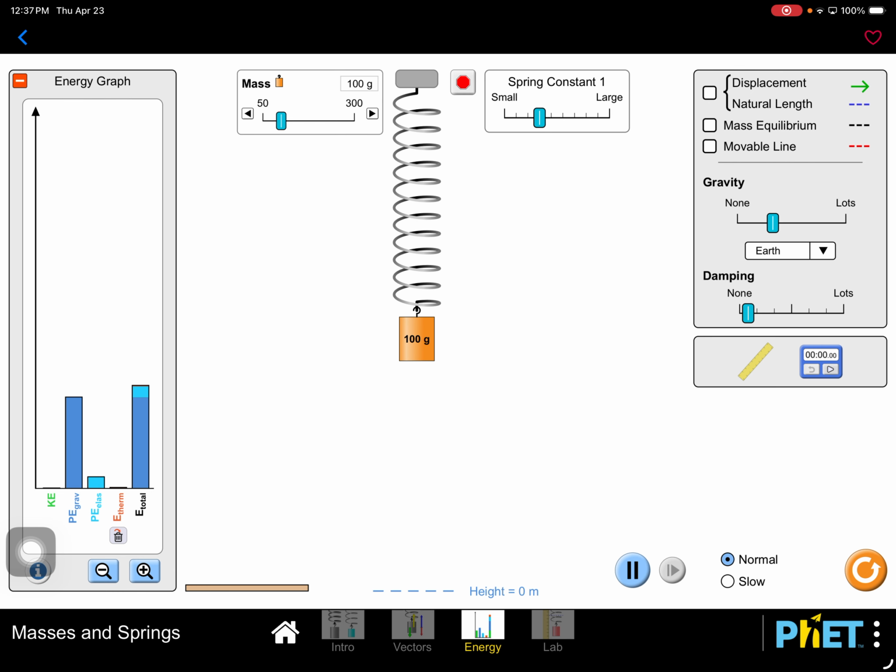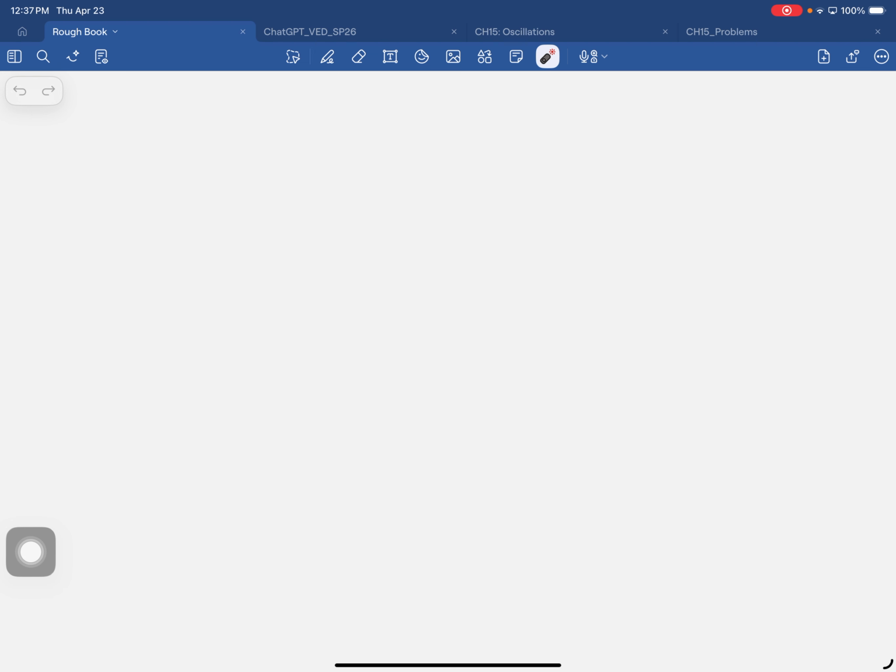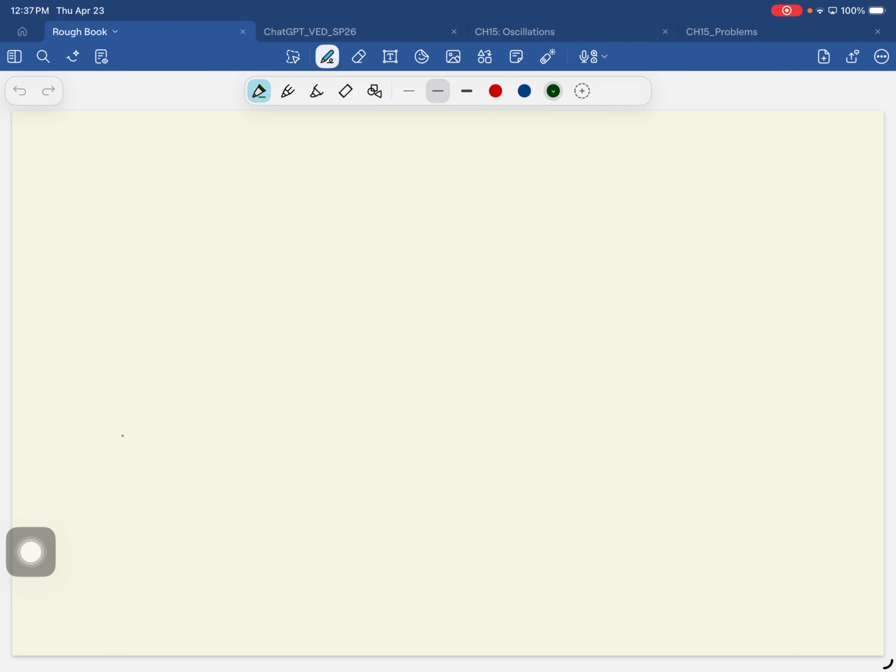So for a system to oscillate, what is it that you need? You need a restoring force. So for instance, let me give you a counter example. So let's say you have a marble on top of a hill. If I disturb this marble from this equilibrium position, the forces that come into play are driving the system away from equilibrium. They're not restoring it. Okay.